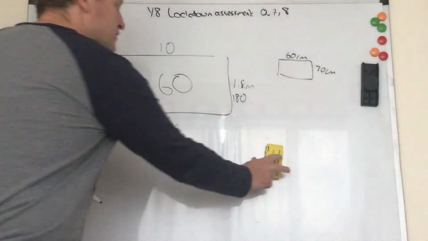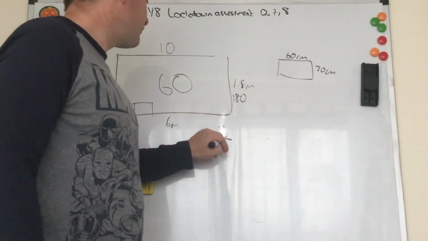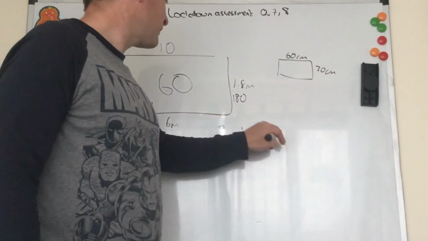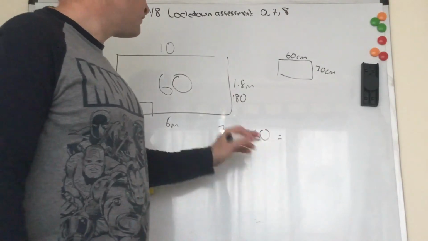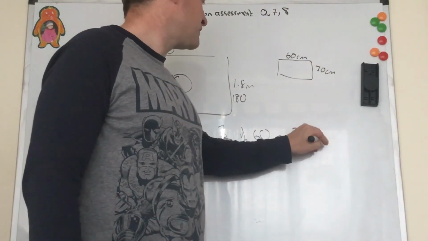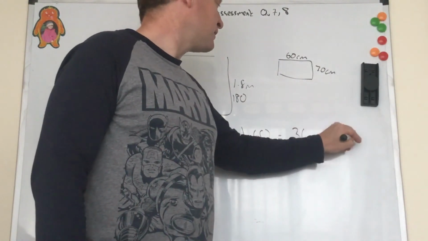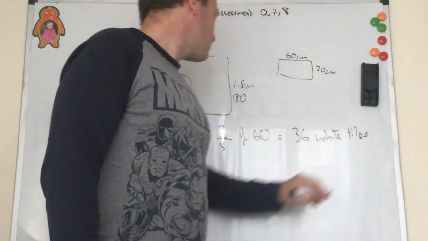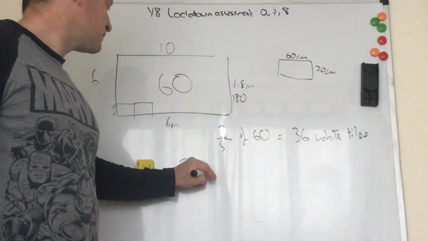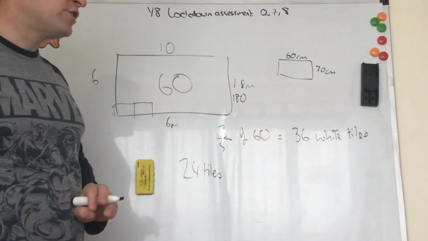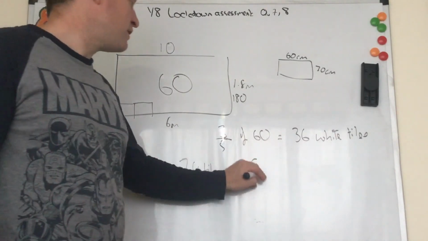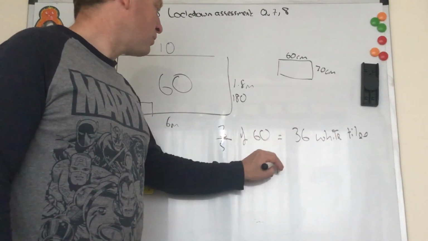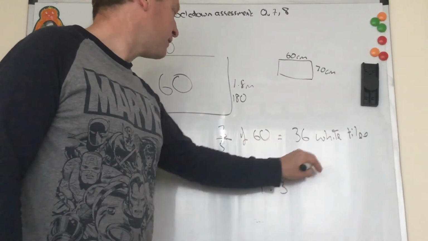Okay, so we get told that 3/5 will be white. So we need 3/5 of 60. 1/5 of 60 is 12, times it by 3, and we get 36 white tiles, which leaves us with 24 tiles. Those are going to be green and blue in the ratio 1 to 3.